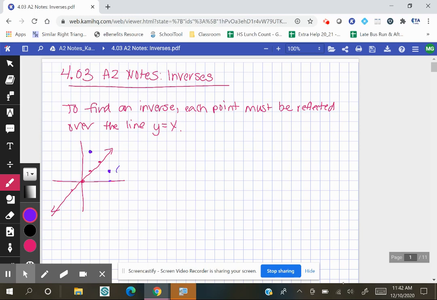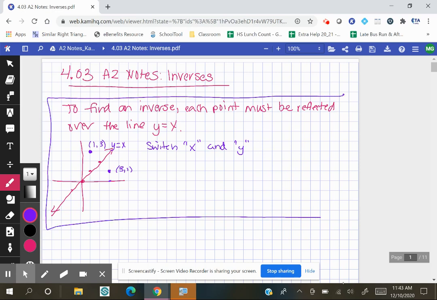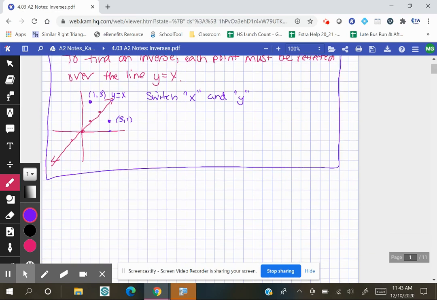So now my new point, originally it was 3, 1. My new point is 1, 3. So what happens is when you reflect over the line y equals x, you just switch your x and y. So the point 2, 5 would become the point 5, 2.